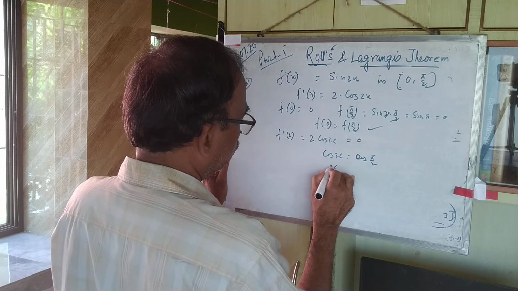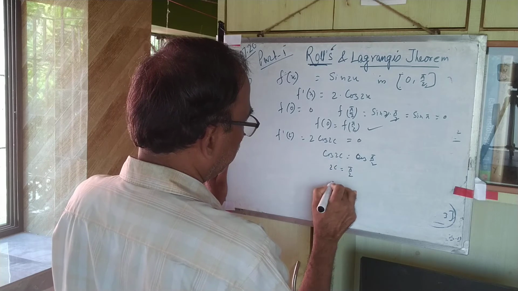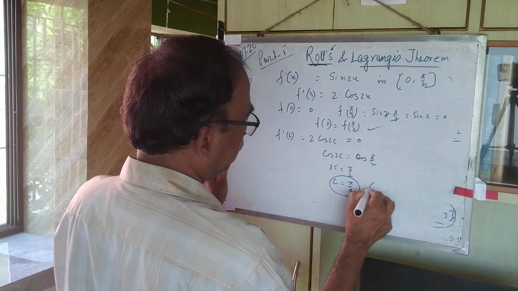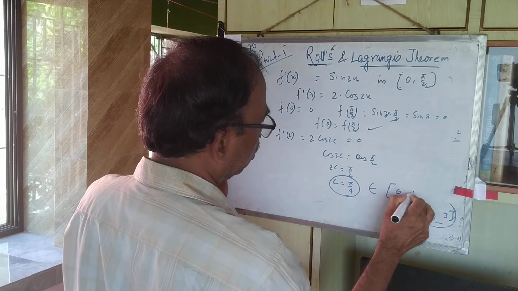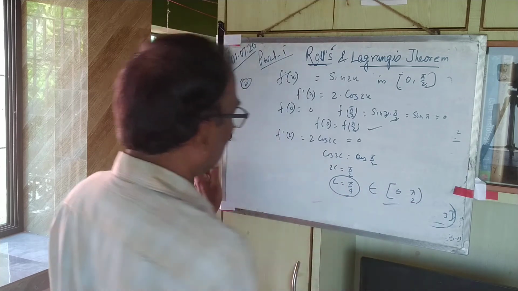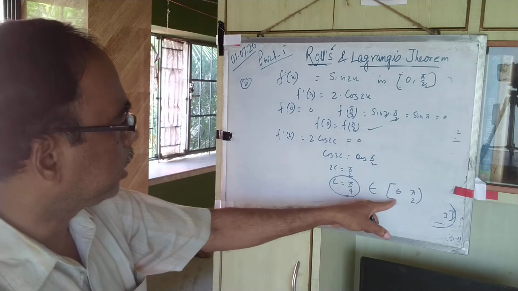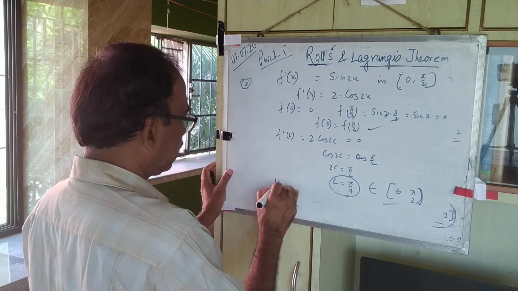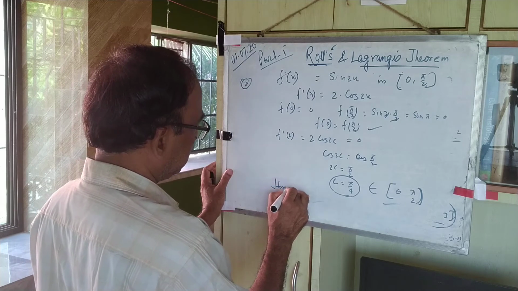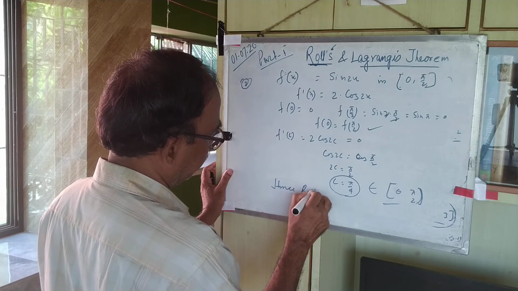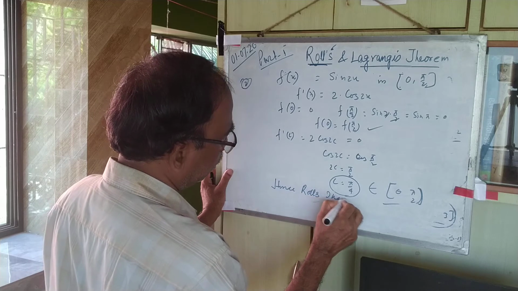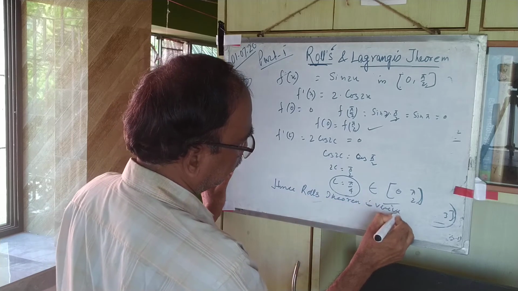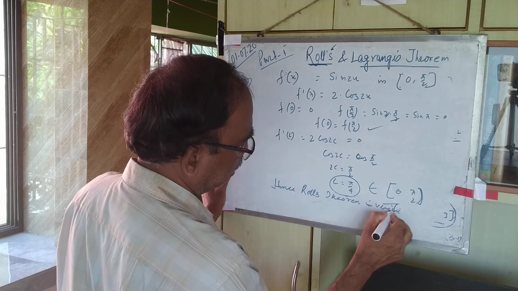Then 2c equals pi by 2, c equals pi by 4, which belongs to 0 to pi by 2. Therefore, c lies within this interval 0 to pi by 2. Hence Rolle's theorem is verified.